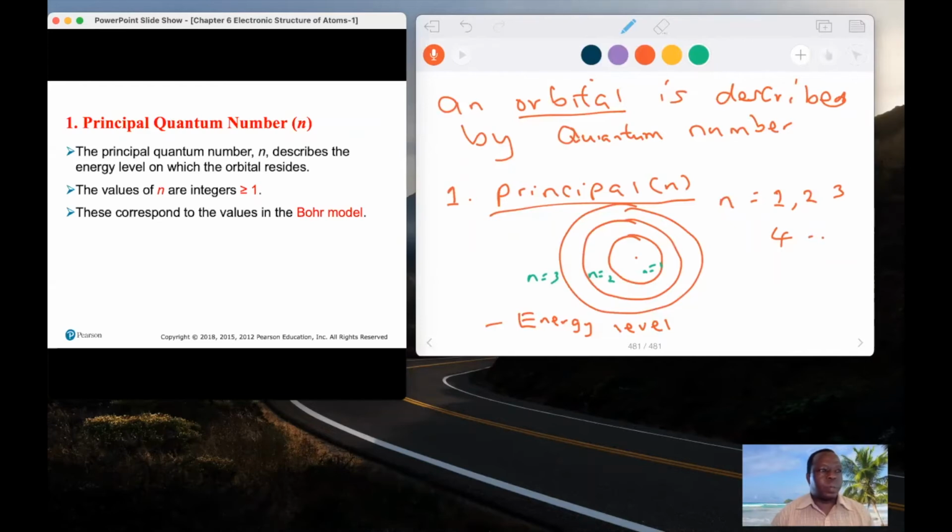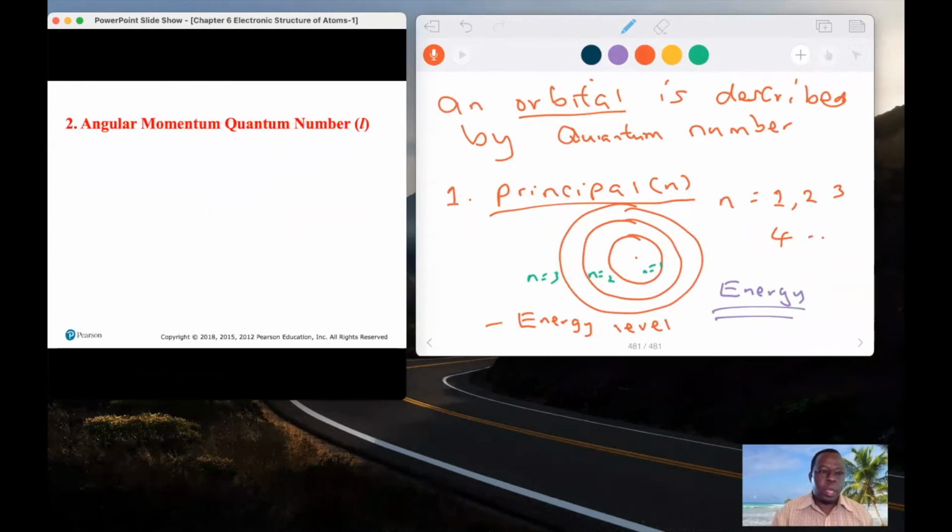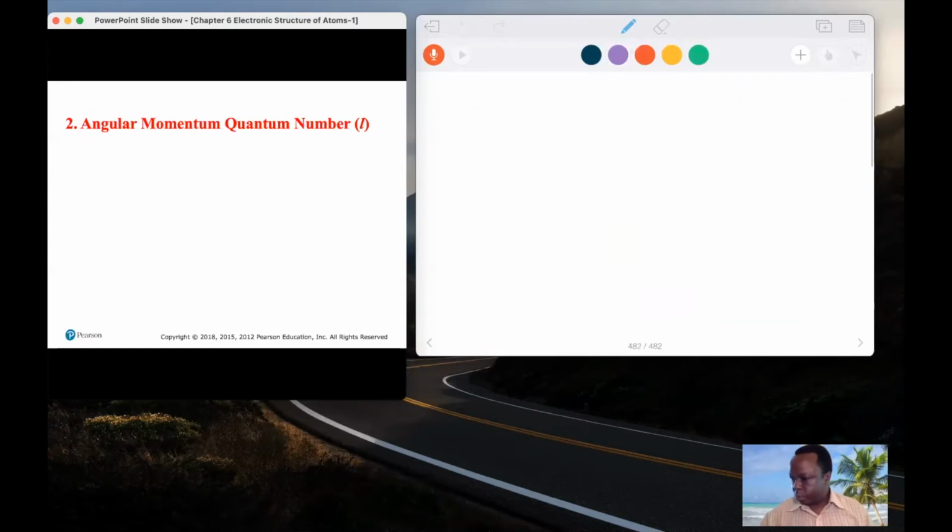Sets of orbitals, these represent energy. Principal energy level 1, principal energy level 2, energy level 3. And then the angular momentum quantum number. Angular momentum number, all right?